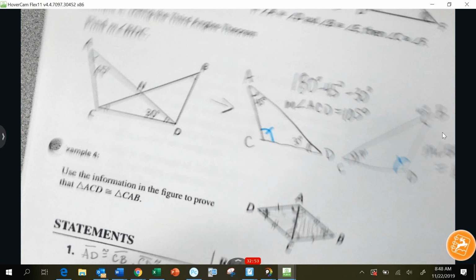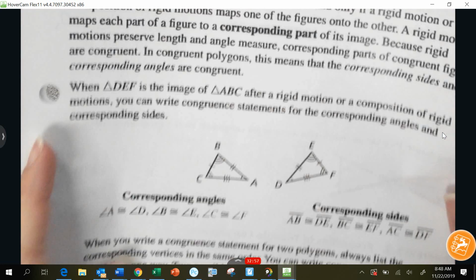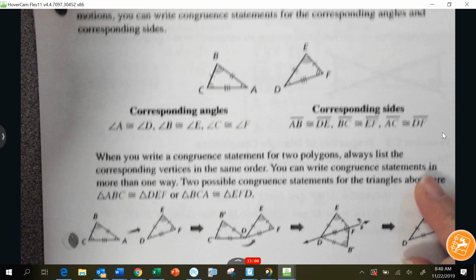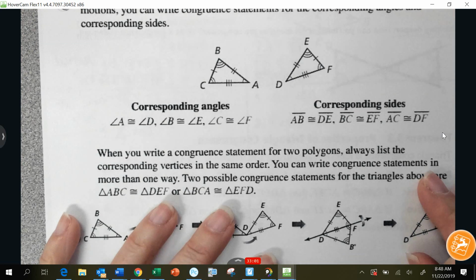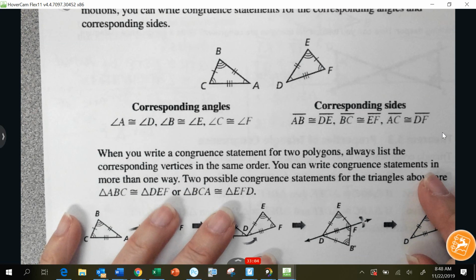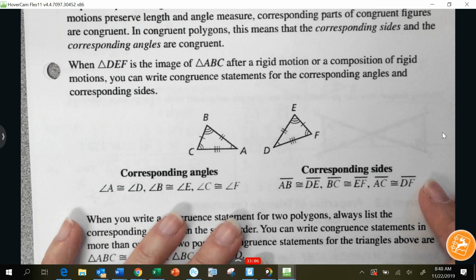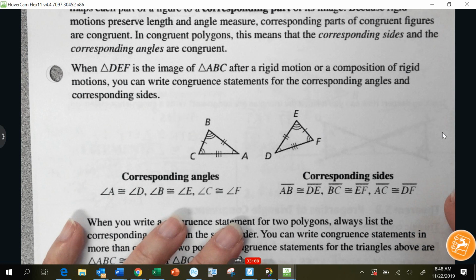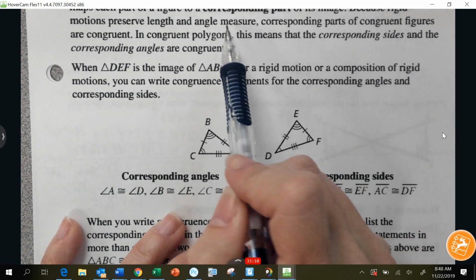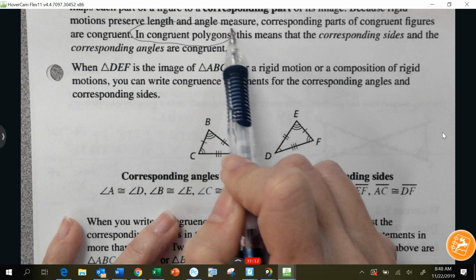Well, let's go back to the first page. You don't know the reason? Let's look at the first page. No, I'm looking for where I want you to look. Hold on, congruent polygons.